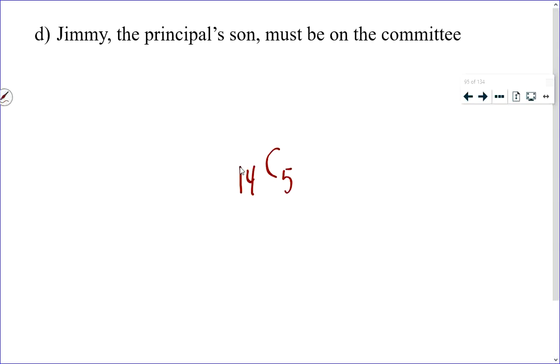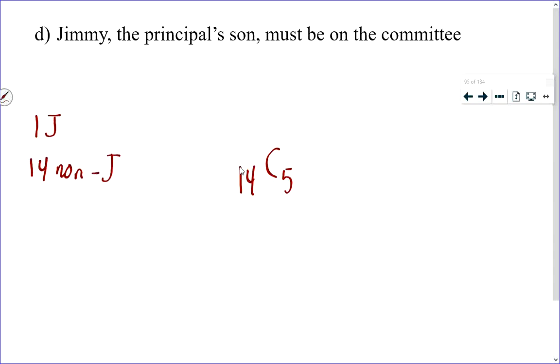We have 14 people on the list we're going to choose from, and we need to choose 5. If you want to separate this out into groups, we had 8 female and 7 male, I think, yeah? Okay, well, I could say what we have is 1 Jimmy and 14 non-Jimmies, right?